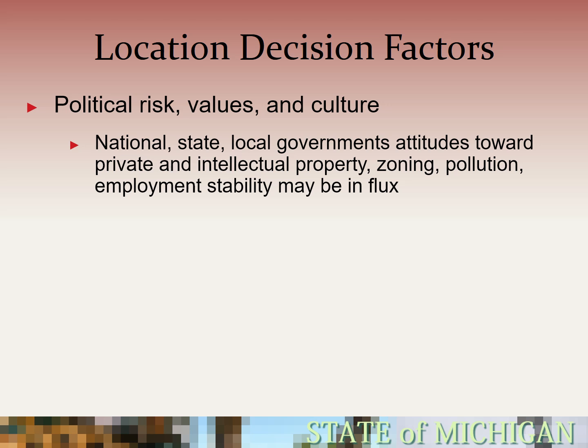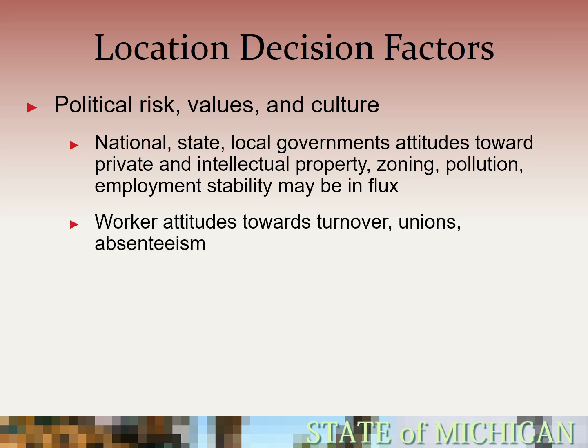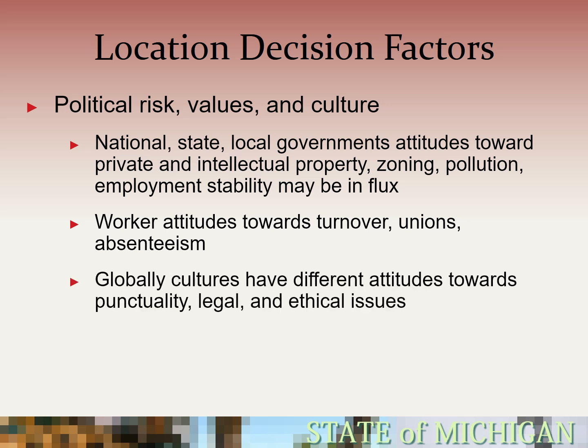Their zoning, pollution, employment stability may be in flux. Worker absenteeism happens from worker attitudes, resulting in turnover, unions. Global cultures have different attitudes towards punctuality, legal and ethical issues, which you need to take a look at. And we cover that topic in global management.